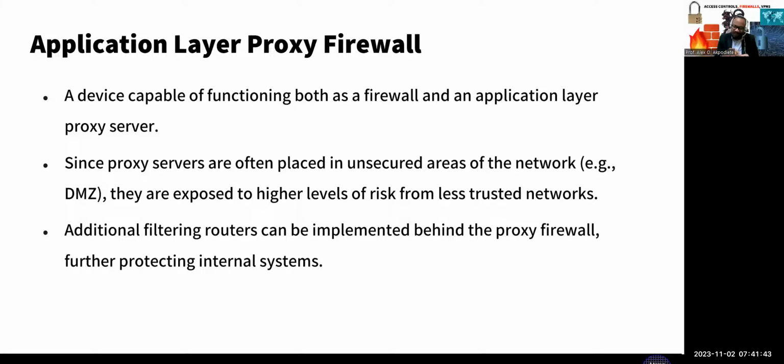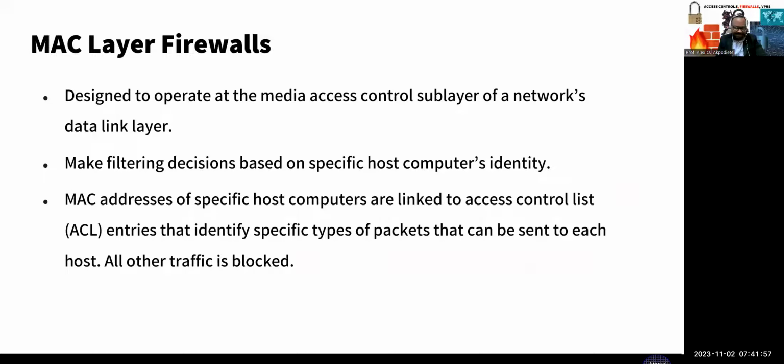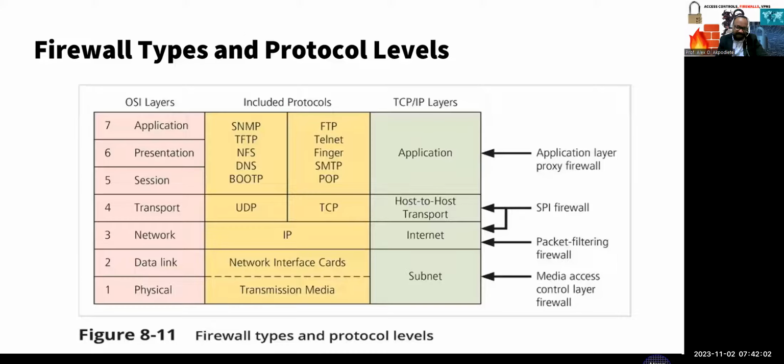So you can use it in the case it says DMZ, demilitarized zone. You just know that these packet layer proxy firewalls just filter the content and decide what to allow in or allow out. And of course, we described the MAC layer firewalls already, on access control.